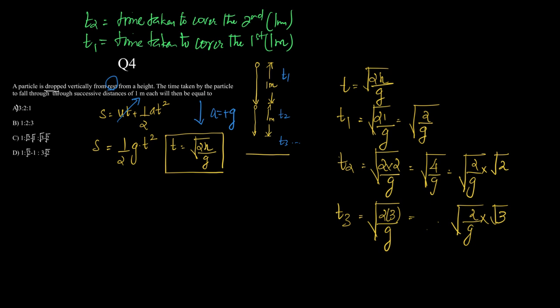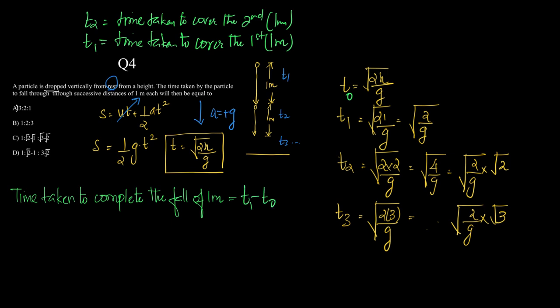Now what we'll do is, see, time taken to complete the fall of 1 meter is, okay, I think I should denote this also, basically t1 minus t0, right, which is equal to root of 2 by g minus root of 0, which is root of 2 by g.